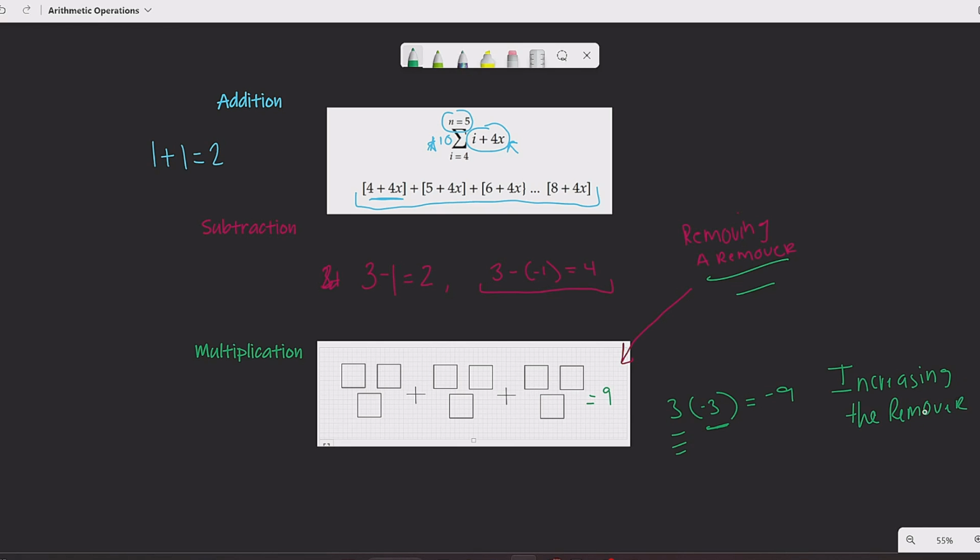We are increasing the remover, and so we get negative 9. Another way to think about it is imagine a number line. And when we were taking this negative 3 and we were increasing it 3 times, we have to go below 0. And we're going below 0, negative 3 more times, which gives us our negative 9.